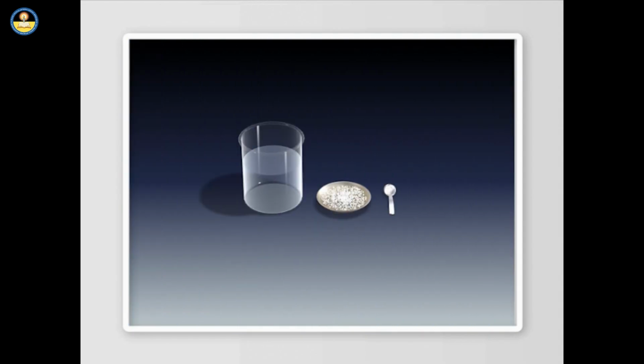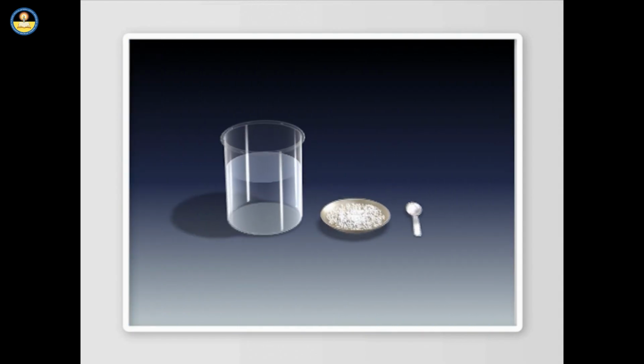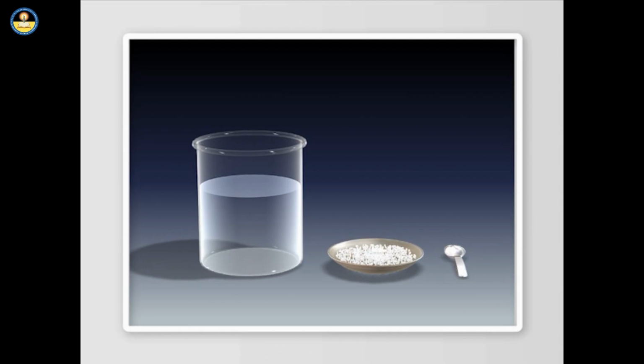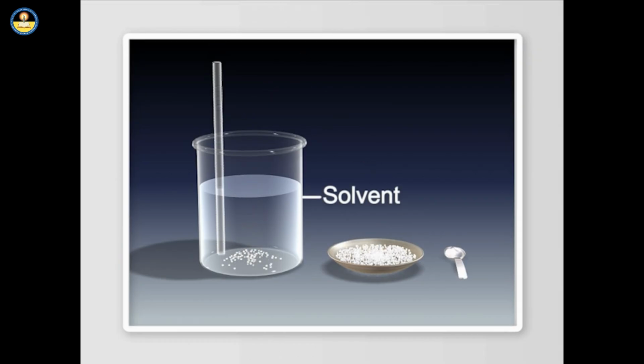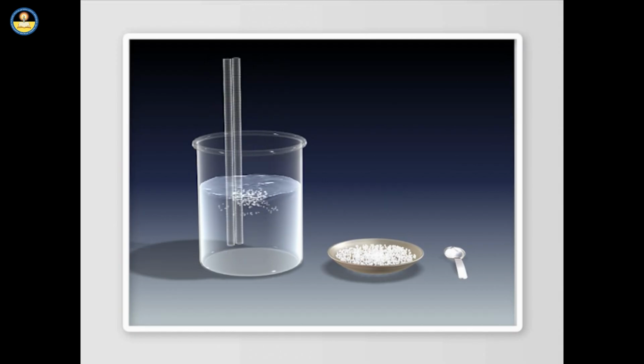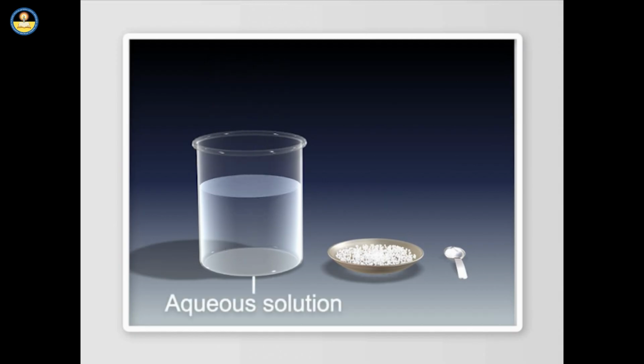A solution is produced by dissolving a substance in another substance. The substance that dissolves is a solute. The substance that the solute dissolves in is called a solvent. If the solvent is water, the solution is called an aqueous solution.